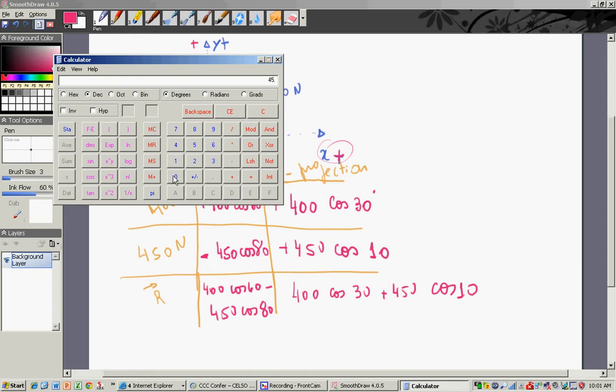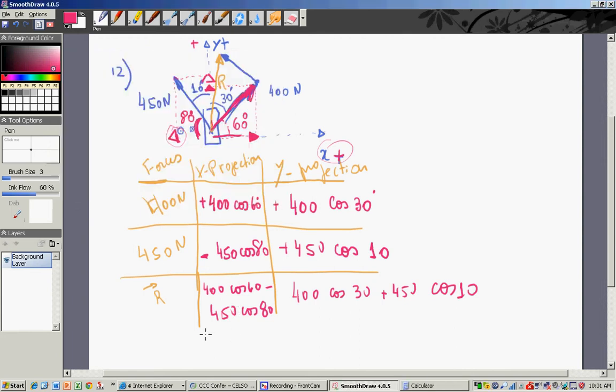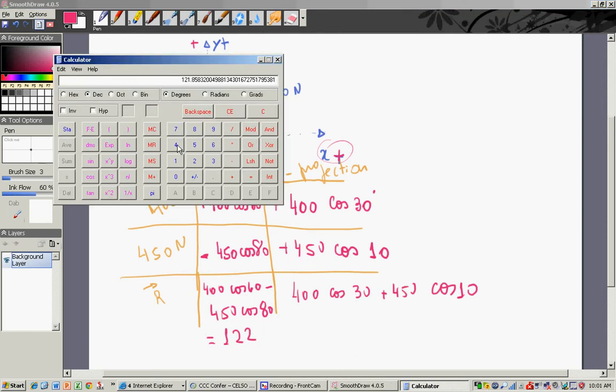Excuse me. 400 times cosine of 60 minus 450 times cosine of 80, equal. So this is equal to 122, more or less.